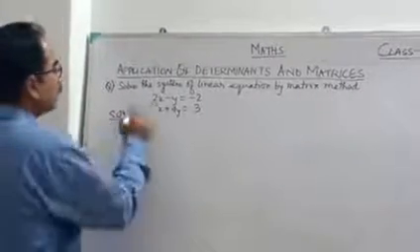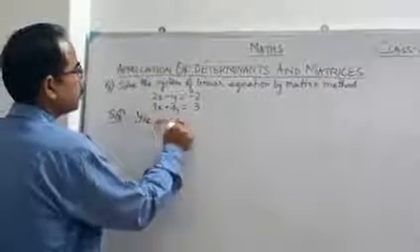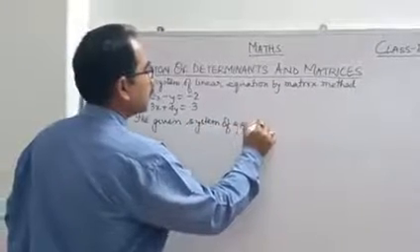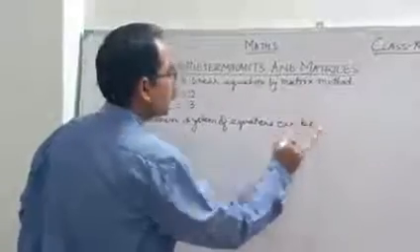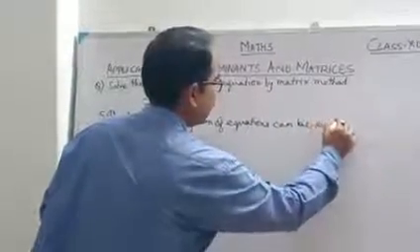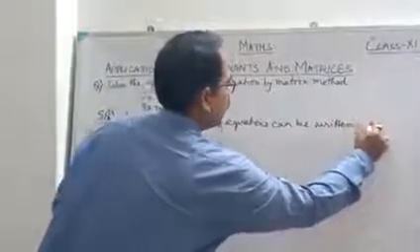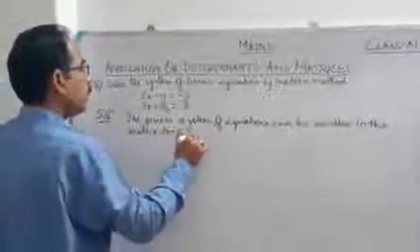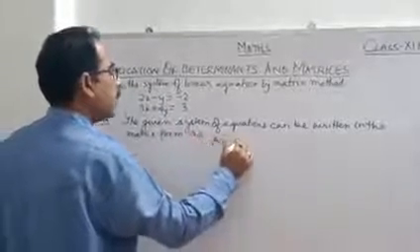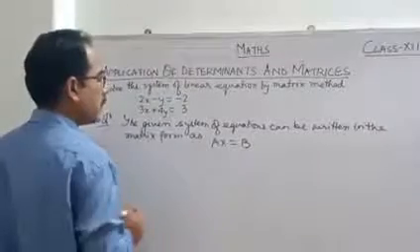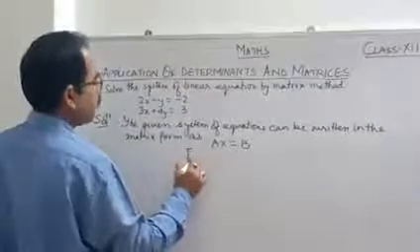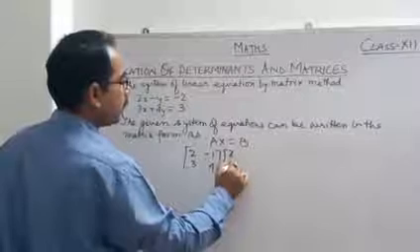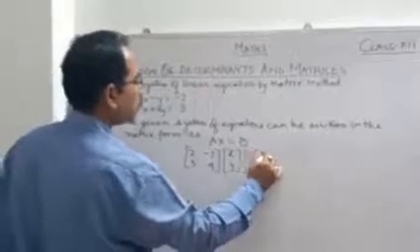Look here, the given system of equations can be written in matrix form as Ax equal to B. Look here, [2 -1; 3 4] times [x; y] equals [-2; 3].